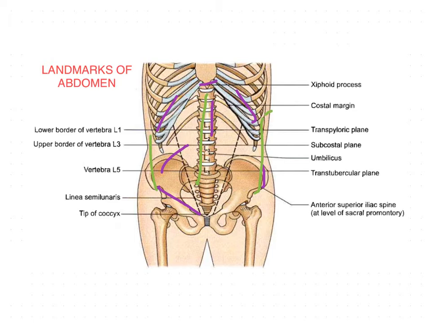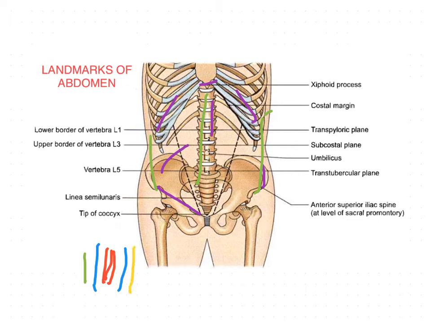So this entire complex structure consists of numerous layers. From superficial to deep, it consists of skin, which is most superficial, and then superficial fascia. After that it has muscles, with their respective fascia, and finally it has the peritoneum.